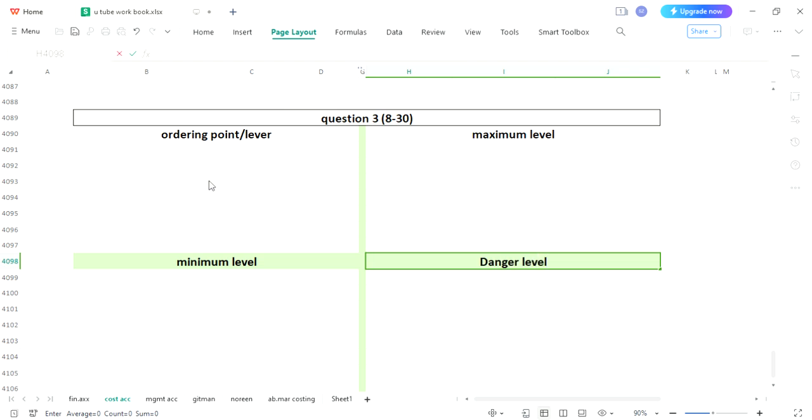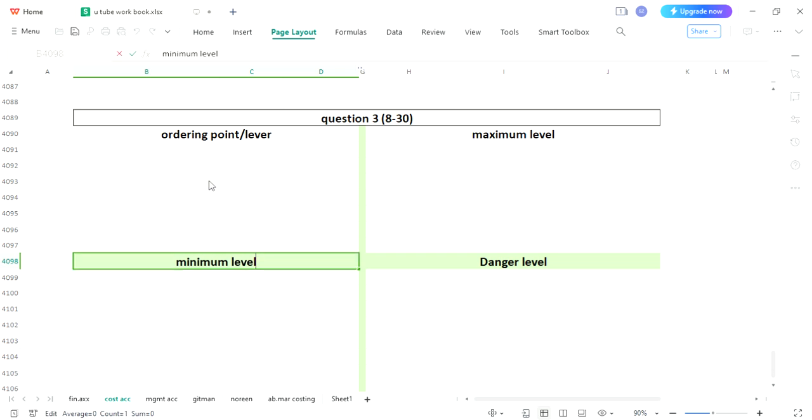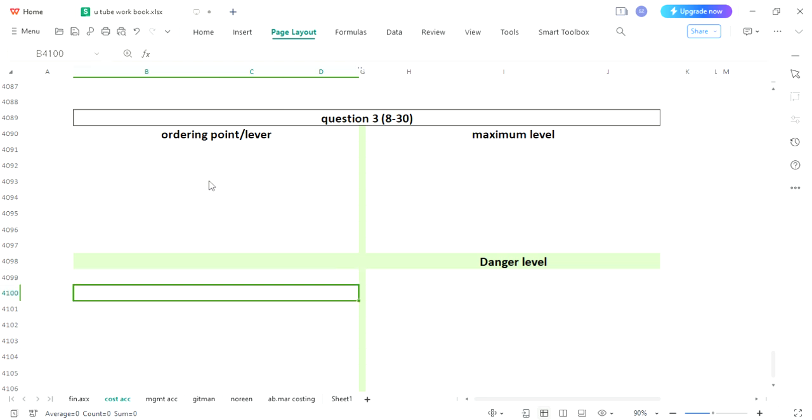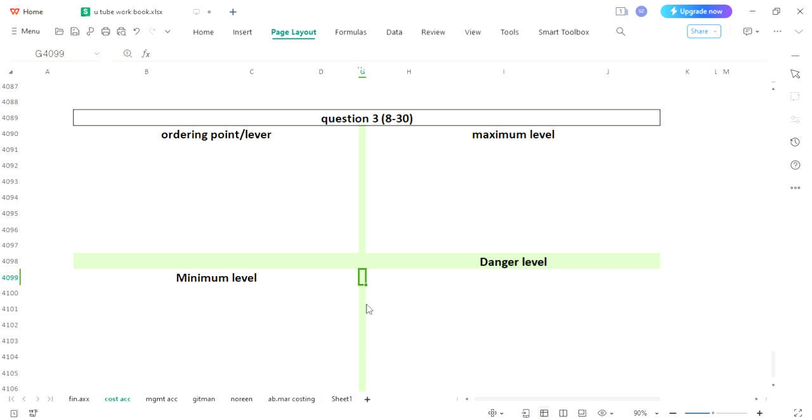So these are the four elements which are involved, and we were supposed to write them over here. The system is a little slow, and that's the reason. Okay, I'll have to write it again. Minimum level, and then finally the danger level.